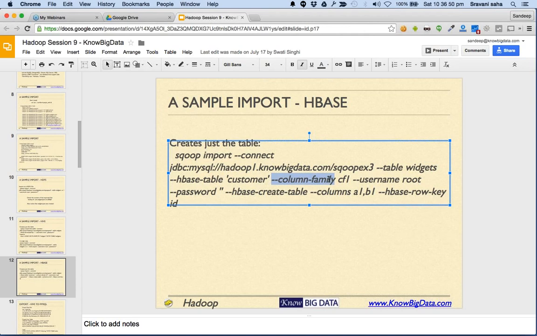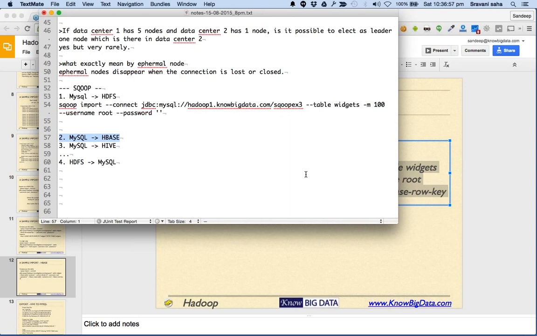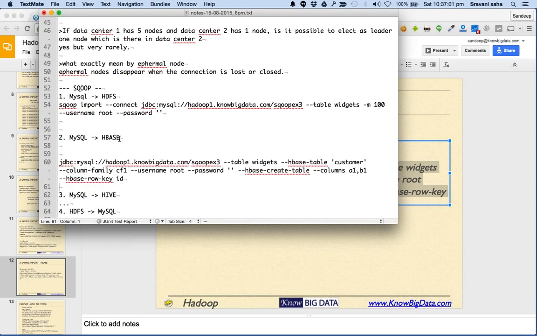So in this command, you will have to specify which table, which columns, which column family. All right, you can try that.